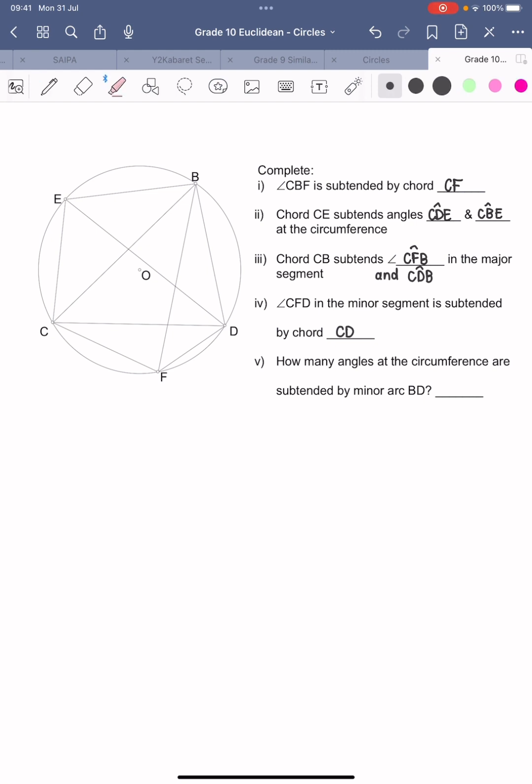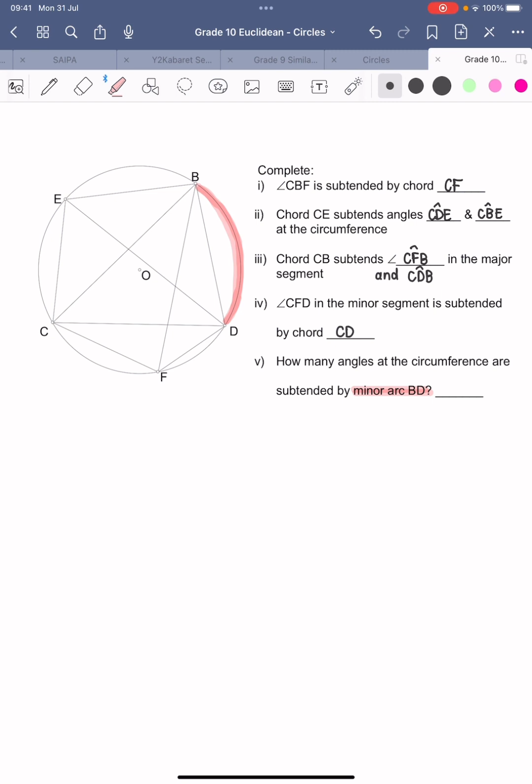So we're looking at BD. Now, guys, notice that they're saying here minor arc BD, not chord BD, but it's the same concept. So now we are going to look at this arc. But guys, if you looked at the chord, you're going to get the same answers.